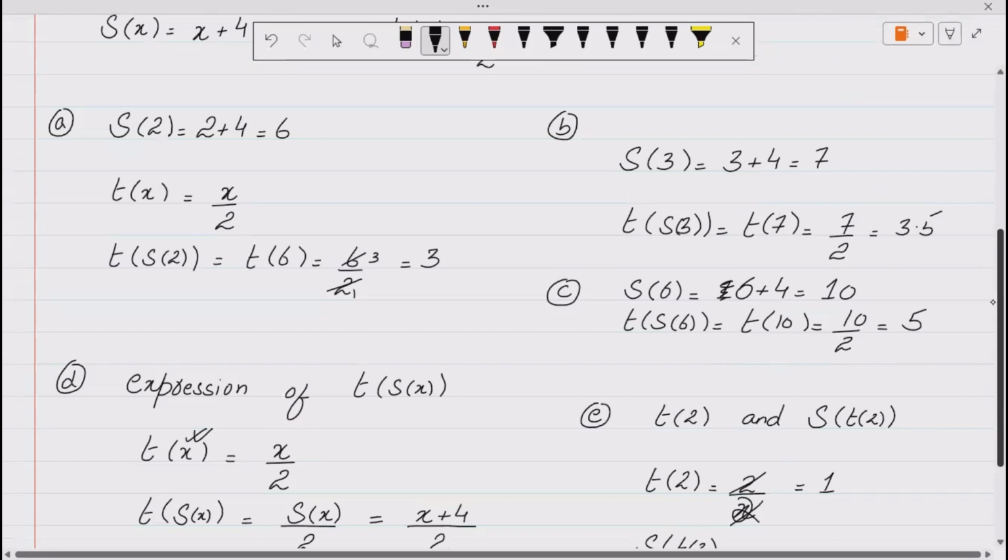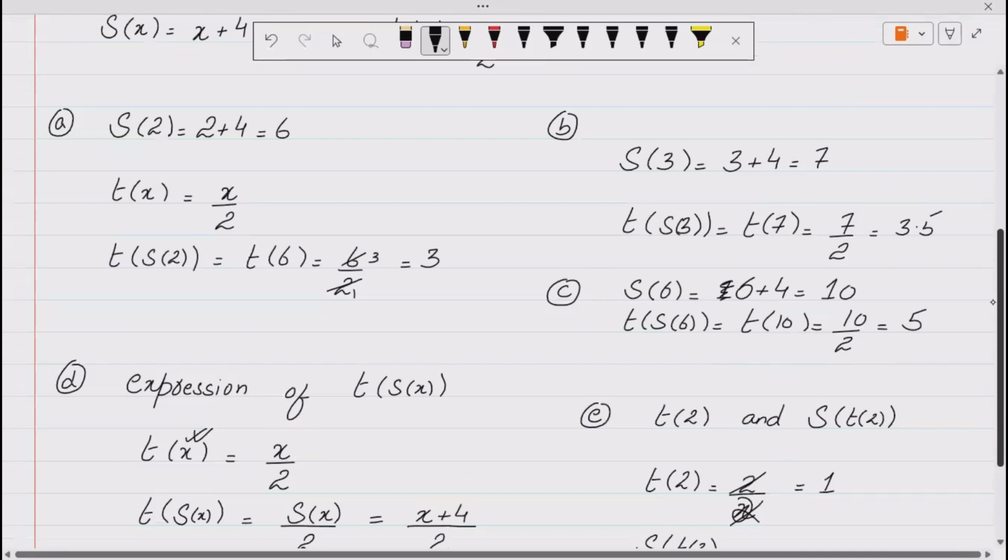Now we have to find M of M of 4. M of 4, we know, is 12. So we have to find M of 12. M of x is 3x, so M of 12 is 3 into 12. So 12 into 3 is 36.